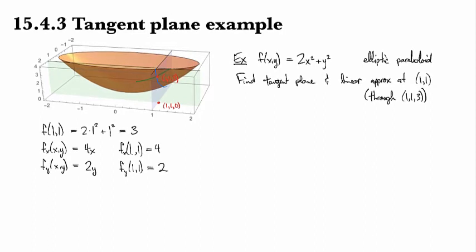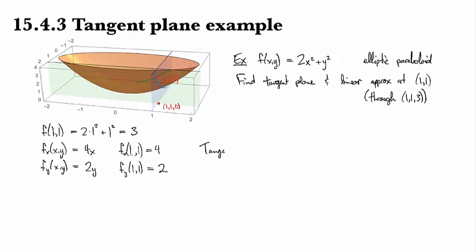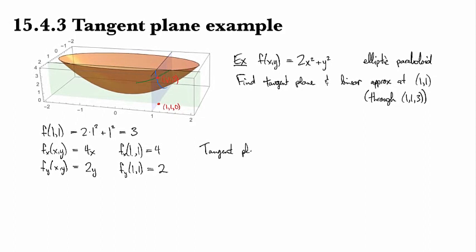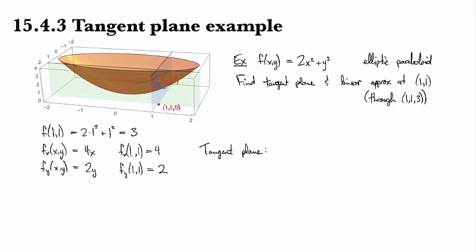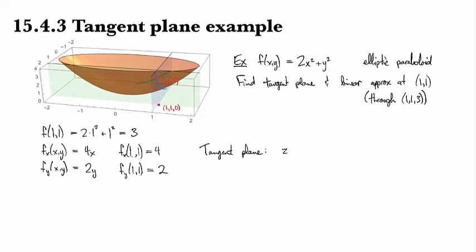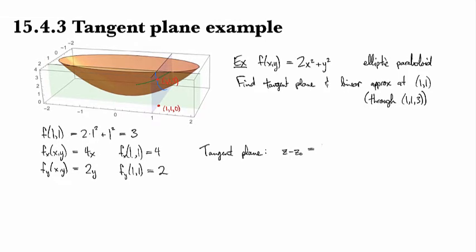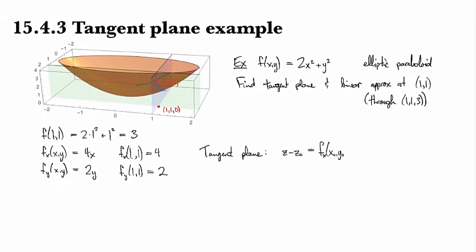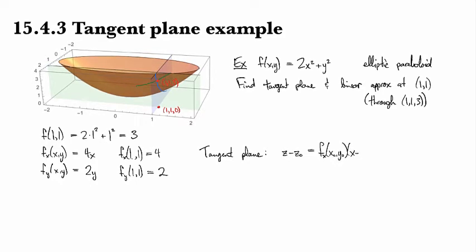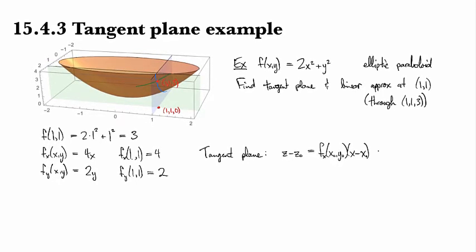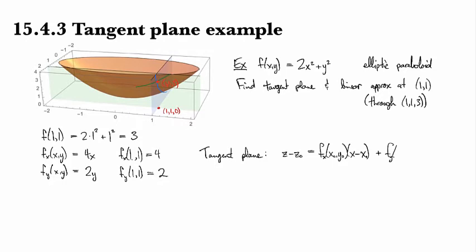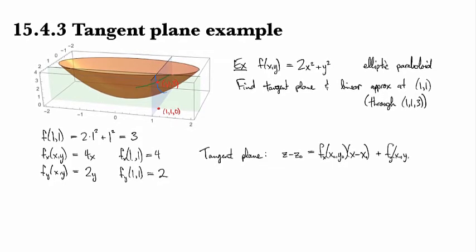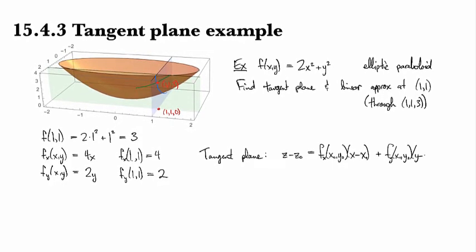So we can take this and put it together to get the tangent plane, which is going to be z minus z naught equal to the x slope at x naught y naught times x minus the x displacement, plus the y slope at x naught y naught times the y displacement.